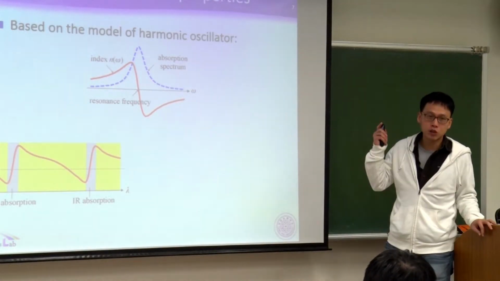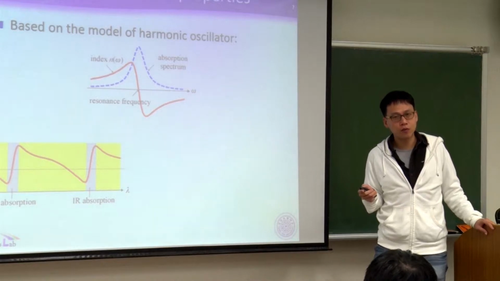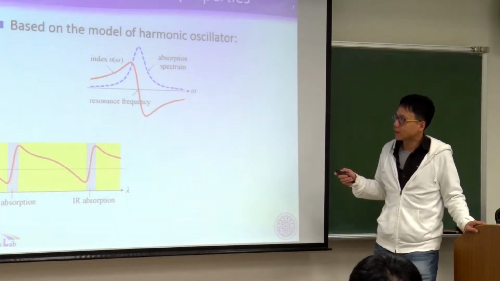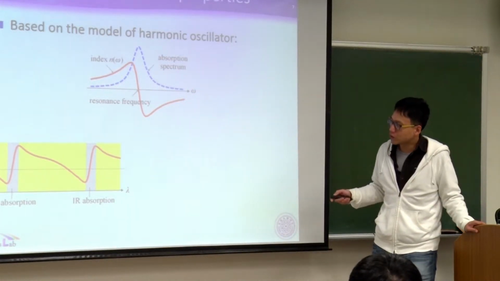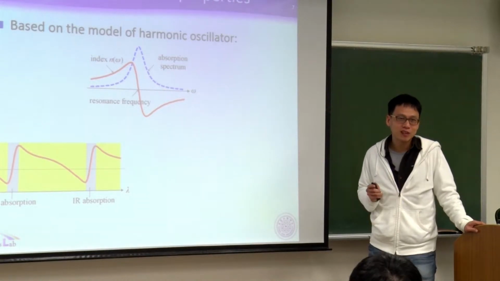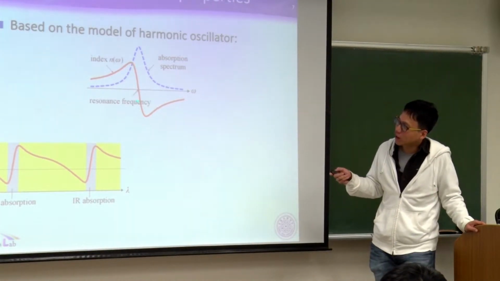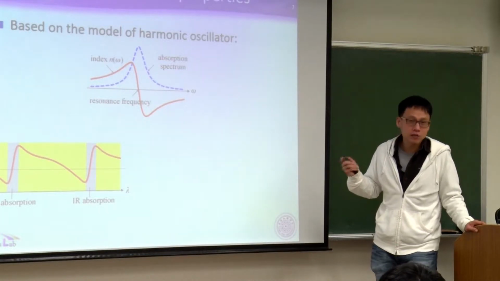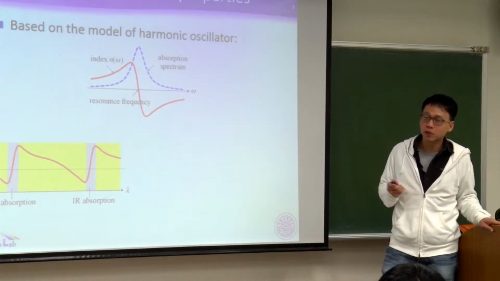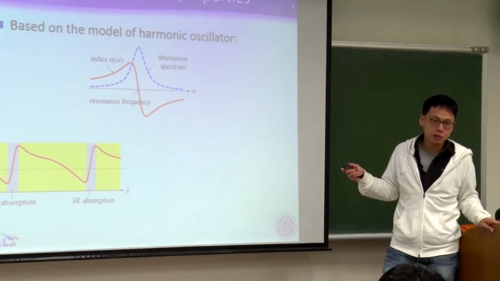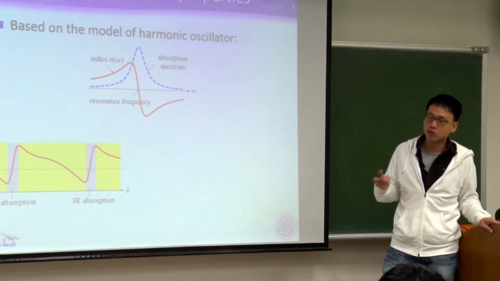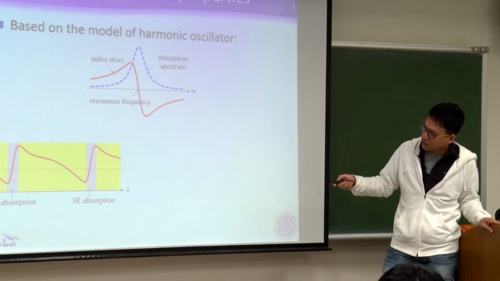Then, if we draw the index of refraction against not angular frequency but wavelengths, what do you have? You should get something mirroring of the red curve, right? Because higher frequency means shorter wavelengths. So you should get something like this.